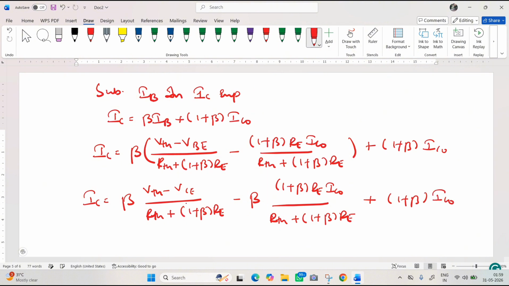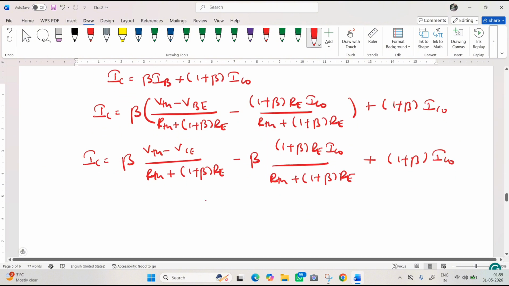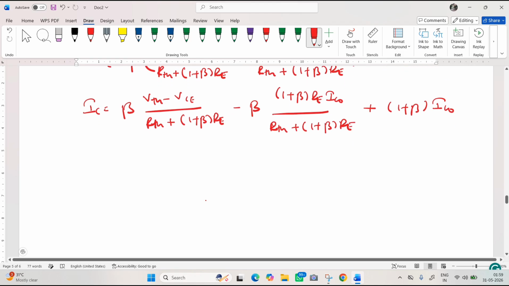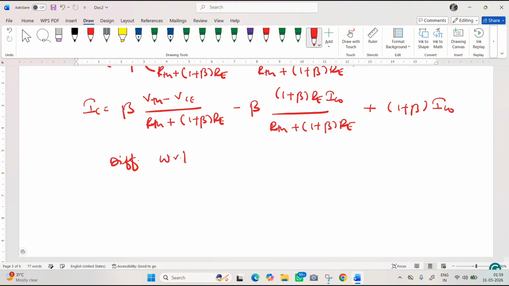Now we'll do differentiation with respect to IC naught on both sides. Then what will I get here? Differentiate with respect to IC naught, that is dou IC by dou IC naught. If you see, the first term will become 0 because this is a constant. These all terms are constant, and dou IC naught by dou IC naught will become 1.